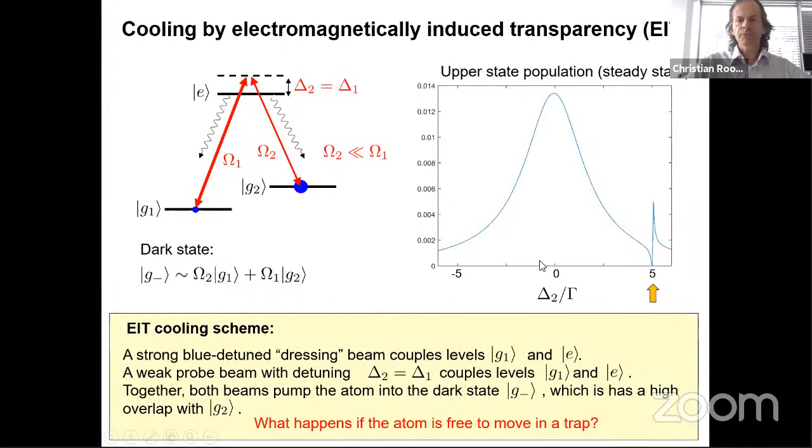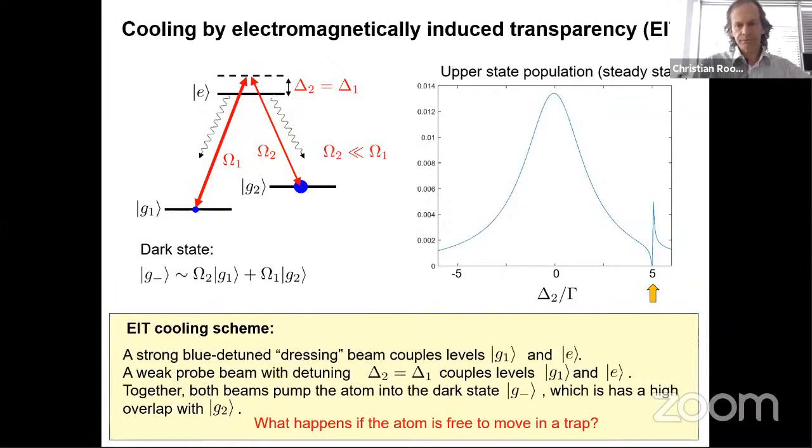What you see here is one resonance that corresponds to this weaker laser becoming resonant with the excited state E, and then you have what is called a dark resonance, where the fluorescence vanishes as soon as the detuning of laser 2 equals the detuning of laser 1. And then you have another feature, which is a bright state, where the fluorescence increases quite dramatically, but over a fairly limited range.